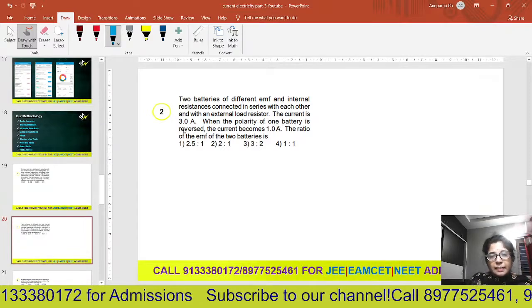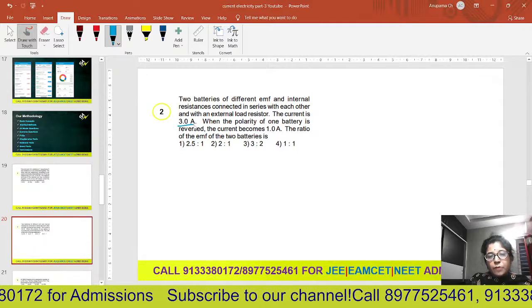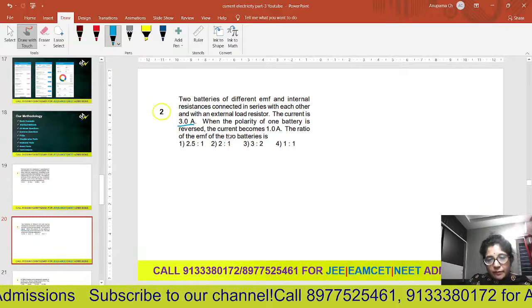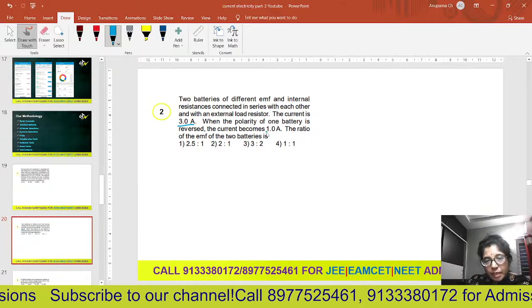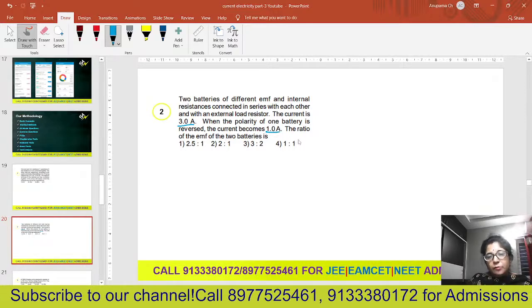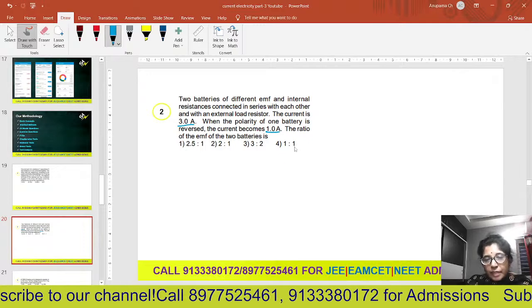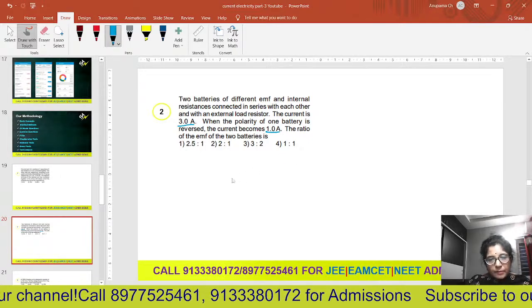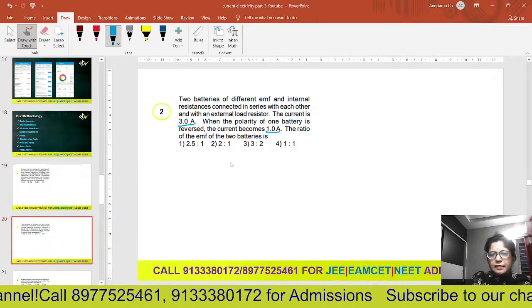The current is 3.0 amperes. When the polarity of one battery is reversed, the current becomes 1.0 amperes. The ratio of EMF of the two batteries is what they are asking.